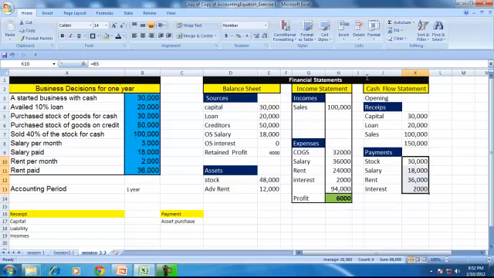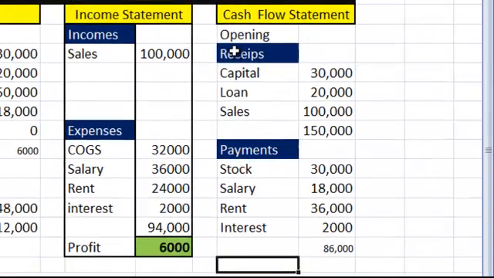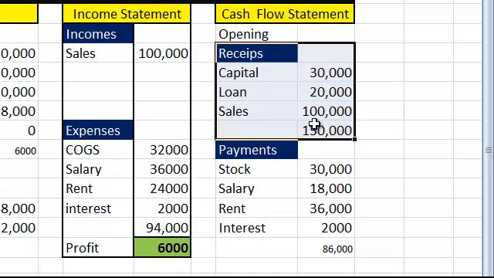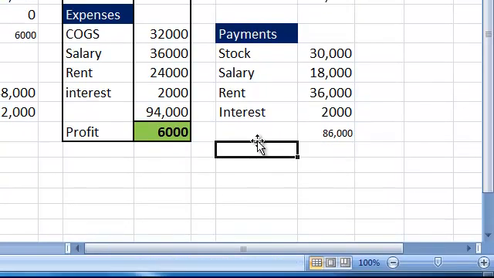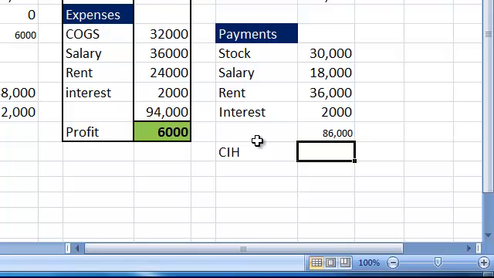Cash in hand is receipts minus payments, so cash in hand is 150 minus 86,000.